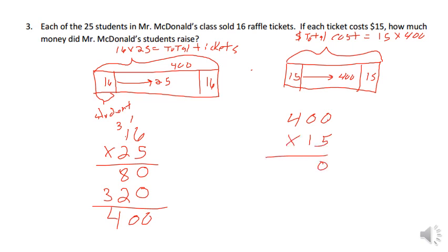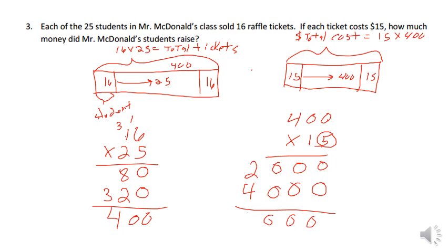So I'm going to put the larger number on top, 400 times 15. 5 times 0 is 0, 5 times 0 is 0, 5 times 4 is 20, so we have 2,000. Now we're done with the ones place, moving to the tens place, but we're going to put the 0 down here so we can just do our basic math facts. 1 times 0 is 0, 1 times 0 is 0, 1 times 4 is 4.